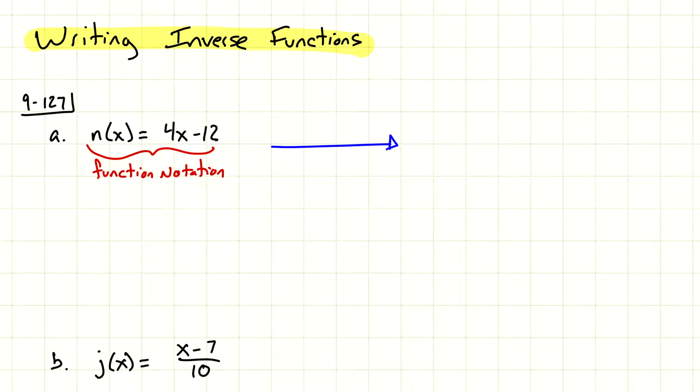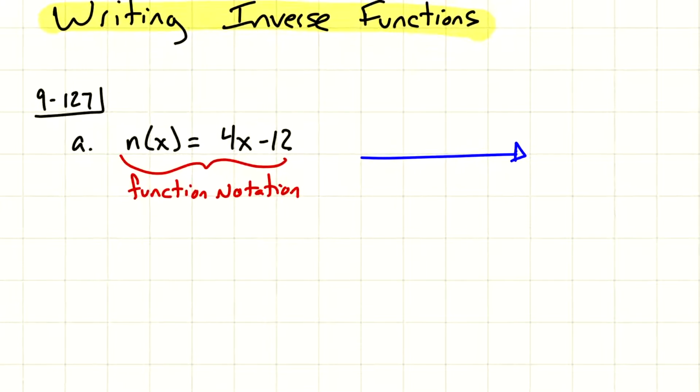It becomes very difficult to convert this to an inverse function when it's in function notation. To make it a little bit easier for us, it might benefit us to change this to an equation notation. Let me zoom into this.